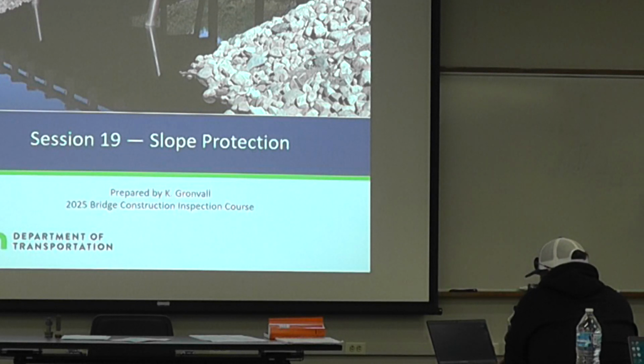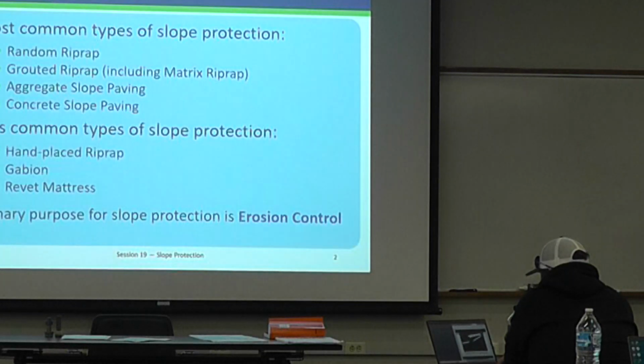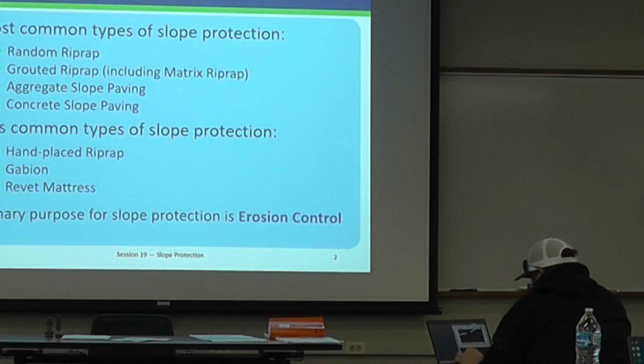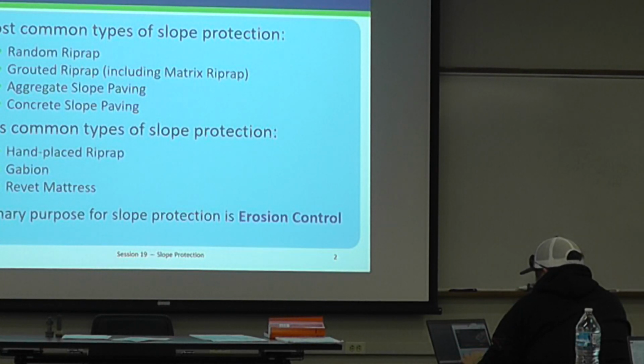So slope protection is session 19 that we'll be covering here. A little bit of introduction. There are various types of slope protection that you'll see on bridges as you're inspecting them. The main types are riprap, and then there's aggregate and concrete slope paving.